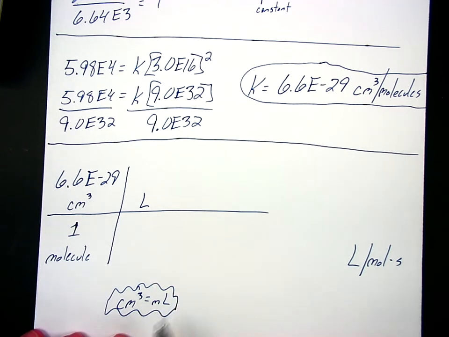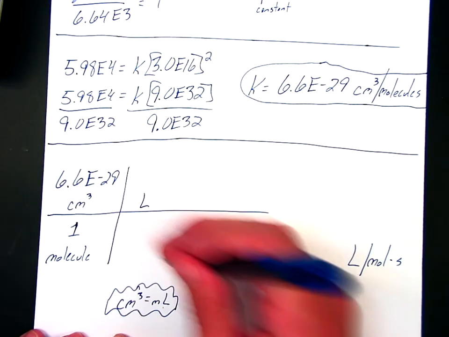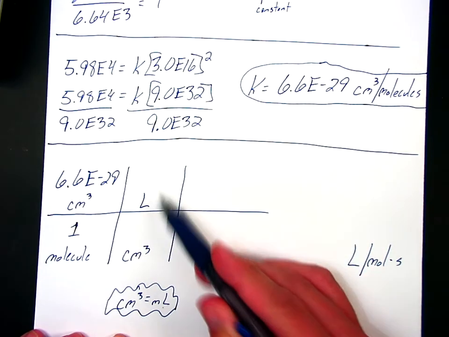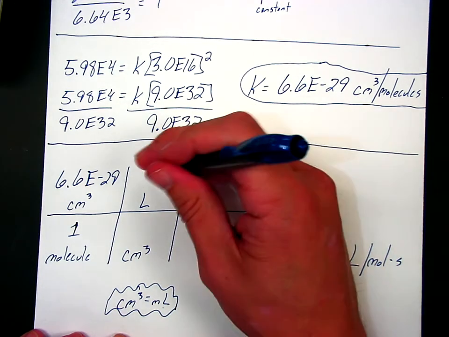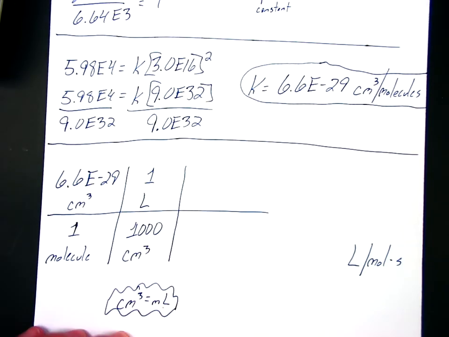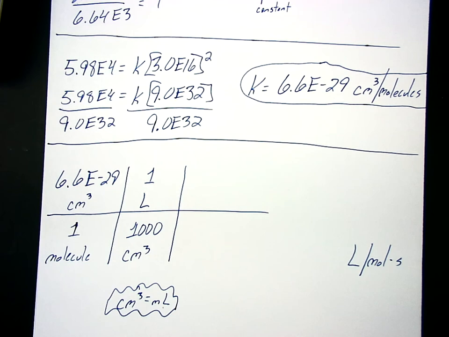Therefore, since there's 1,000 milliliters in a liter, there's also 1,000 centimeters cubed in a liter. So I know that 1 liter is the same thing as 1,000 centimeters cubed. And voila, I now have liters where I want them.